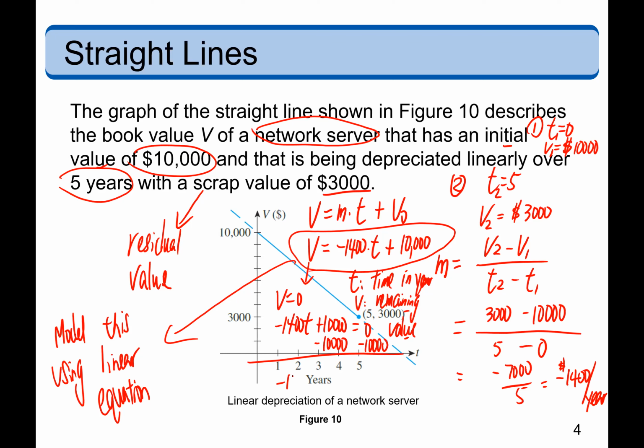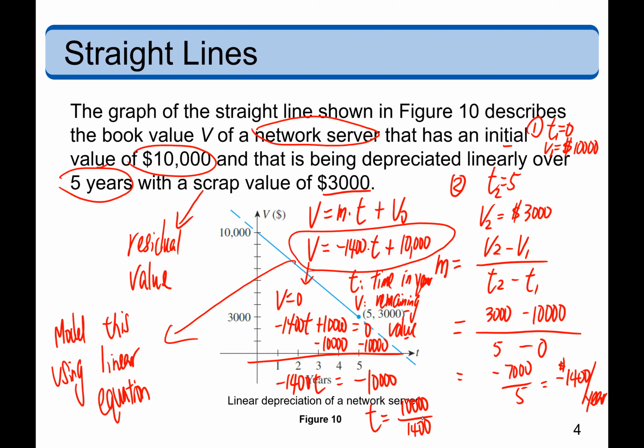We get negative 1,400 T equals negative 10,000. Then you divide, and T is equal to 10,000 over 1,400.